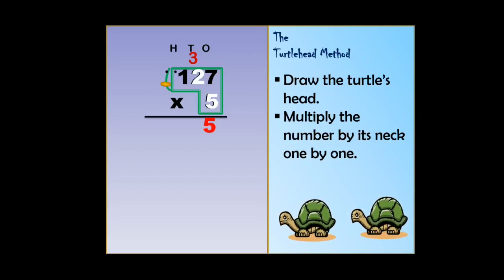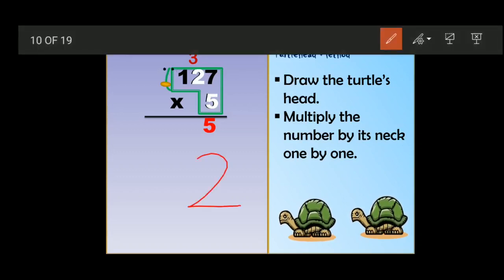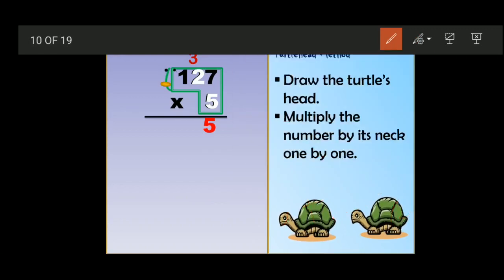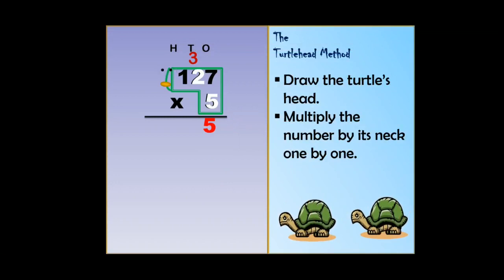So we all know 2 into 5 is 10 and we will add with 3 and we will get 13. So for this 13, we will write 1 as a carried off and the 3 under the 10's place.